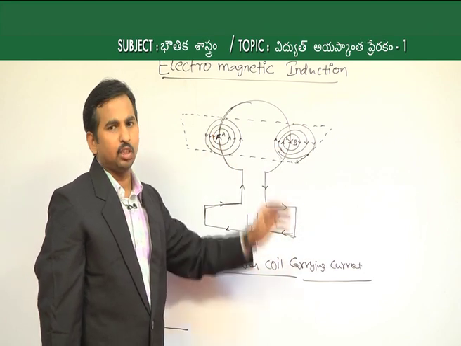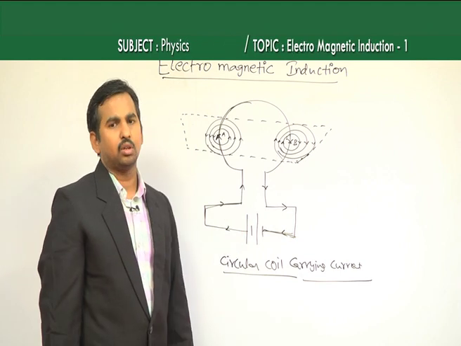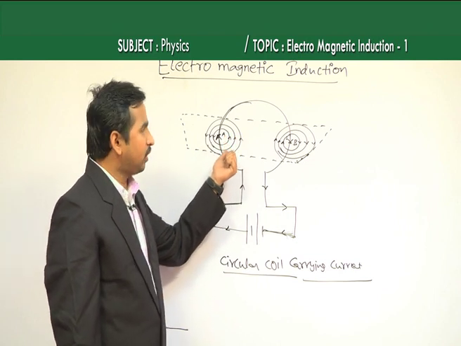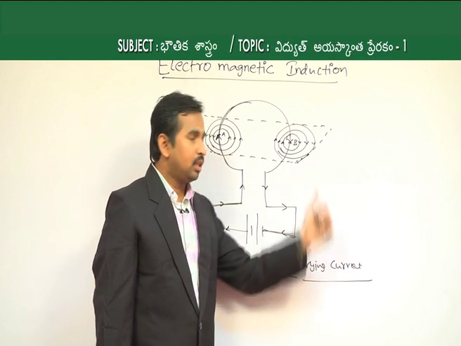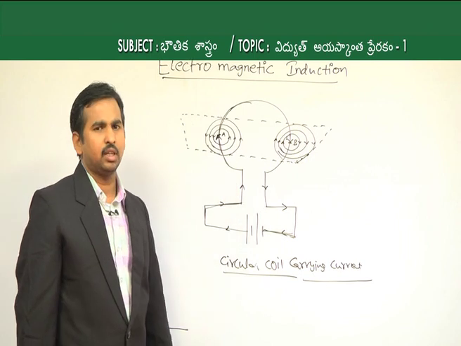Because of that, two different magnetic fields come between these circular coils. Here we get an anti-clockwise direction, whereas in the other case we get a clockwise direction. Then, looking at the properties of magnetic lines of force, if you keep increasing the current, more magnetic lines come around the current carrying wire.